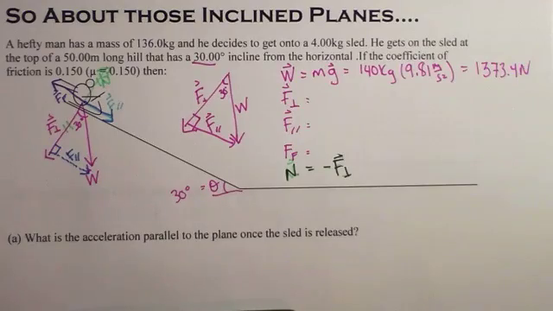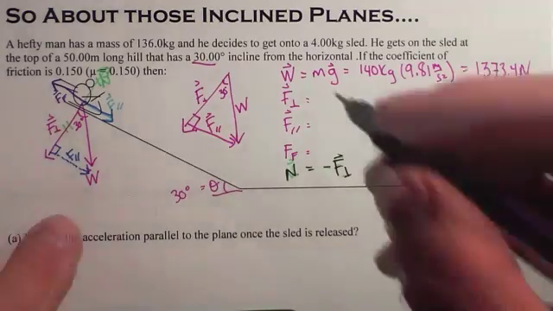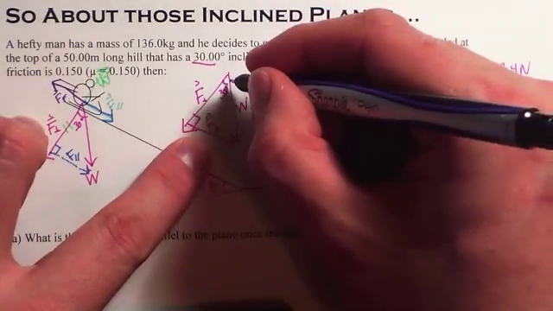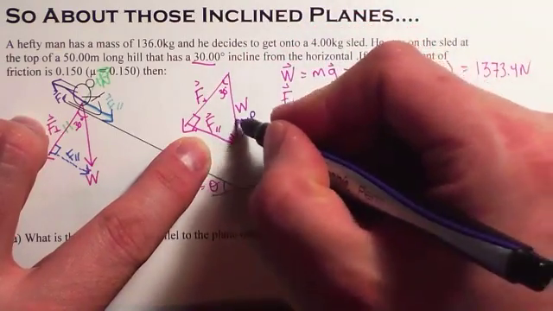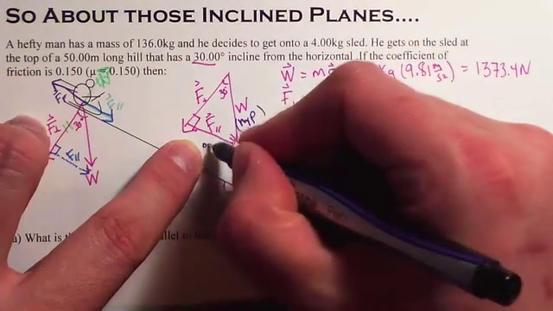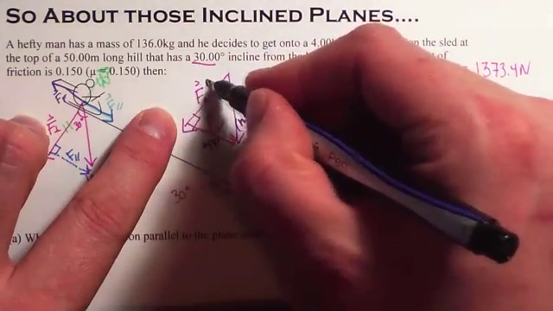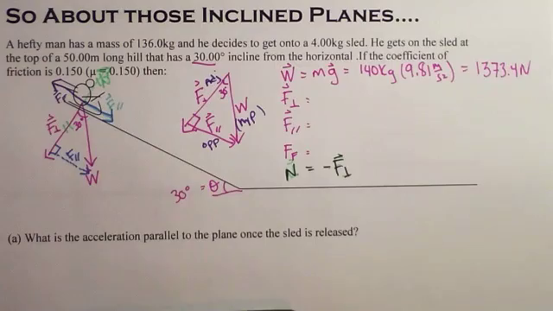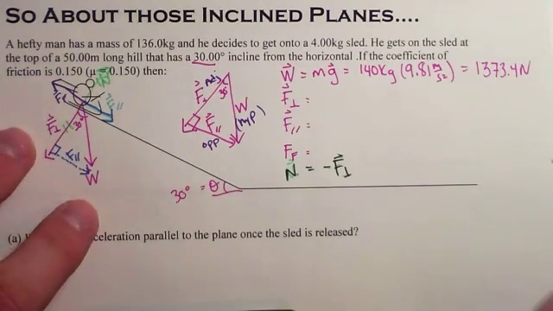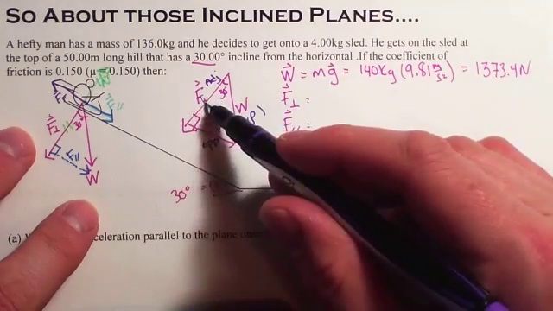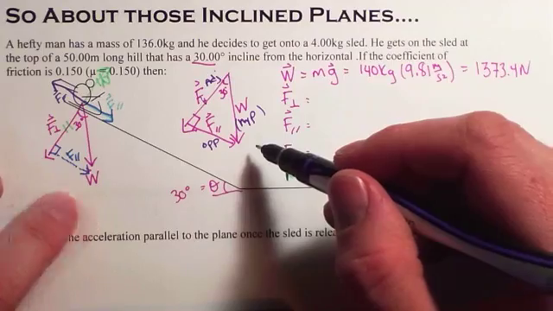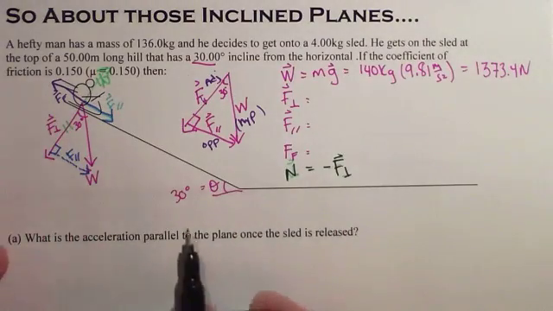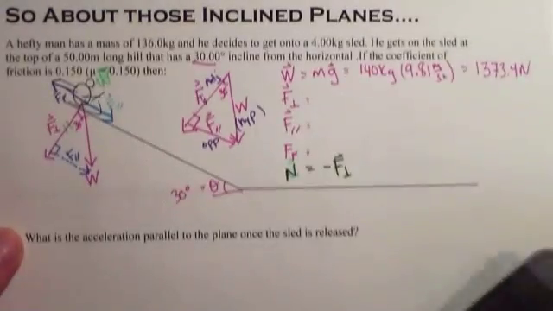Now, when we have a right angle triangle, normally we refer to the longest side as the hypotenuse. This is opposite the angle, and this is adjacent. I need to solve for force perpendicular, which is the adjacent side. So we can use SOHCAHTOA, or we can use our trig functions to help us here.